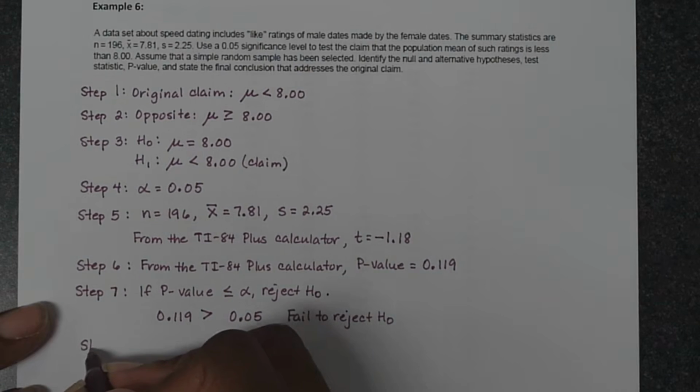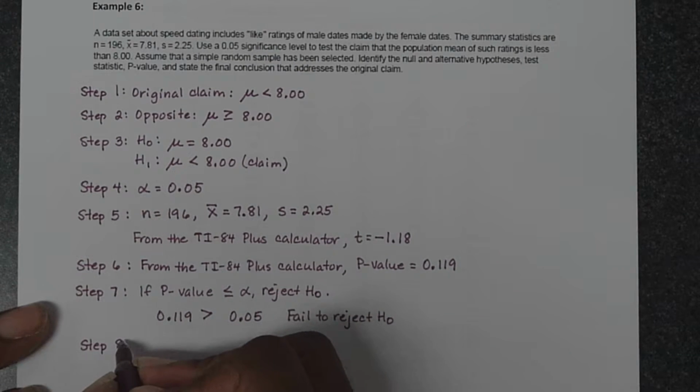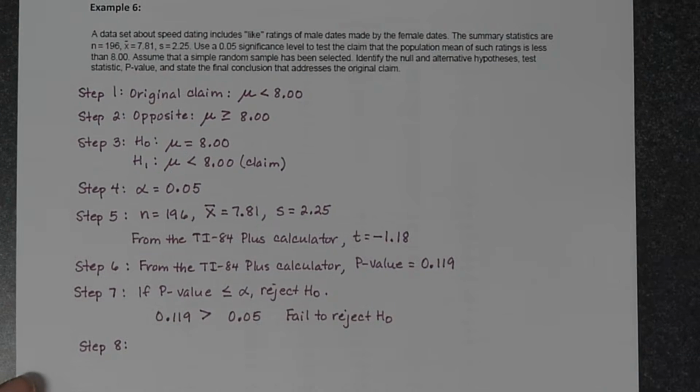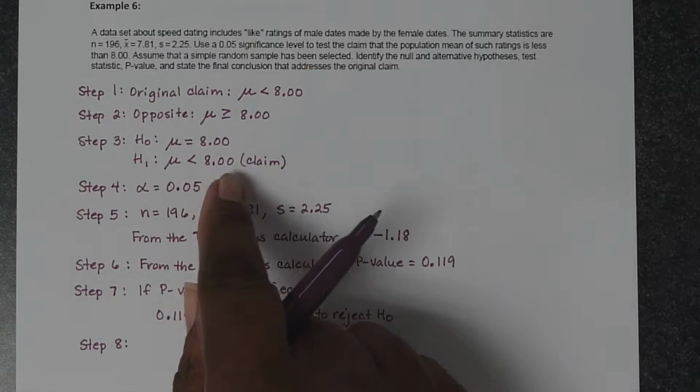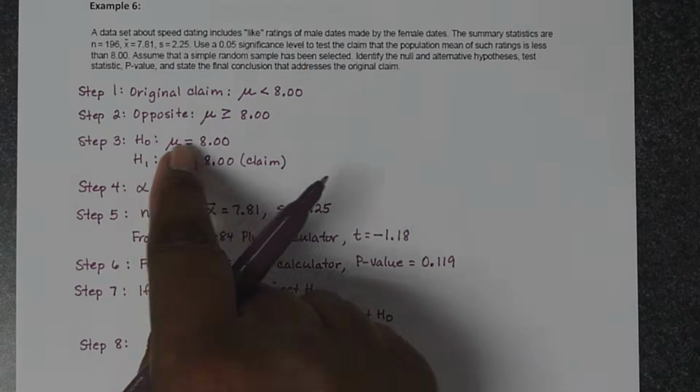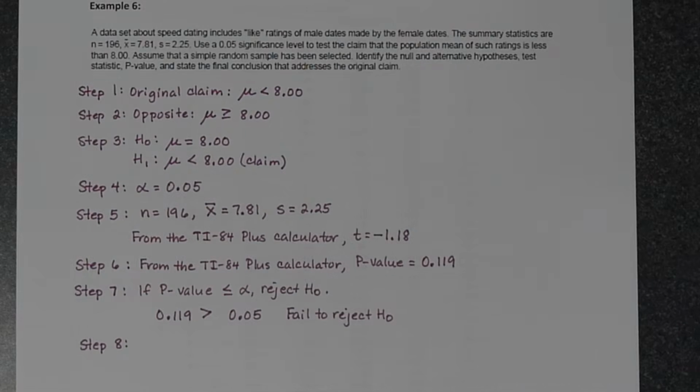And if we fail to reject the null hypothesis, step number 8 is our final conclusion written using non-technical terms. The claim was the alternative hypothesis, but we failed to reject the null hypothesis. So that means we don't have sufficient evidence to support that claim.